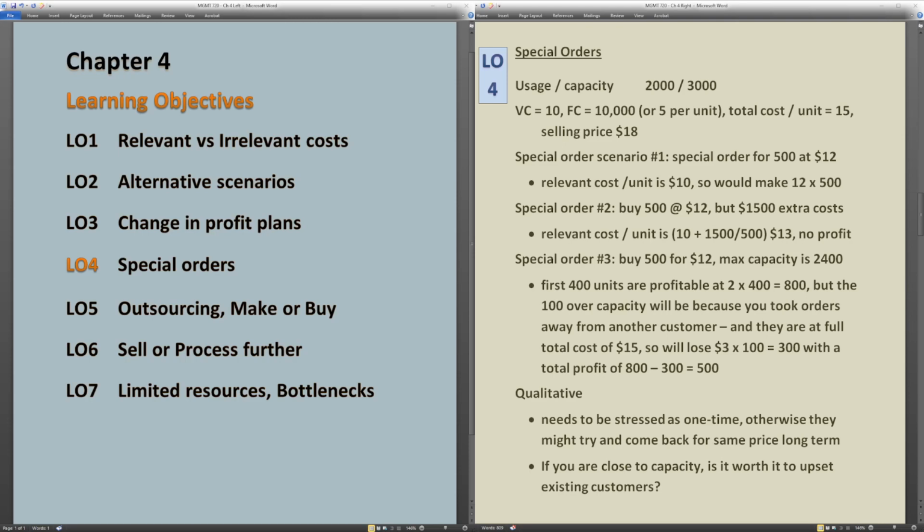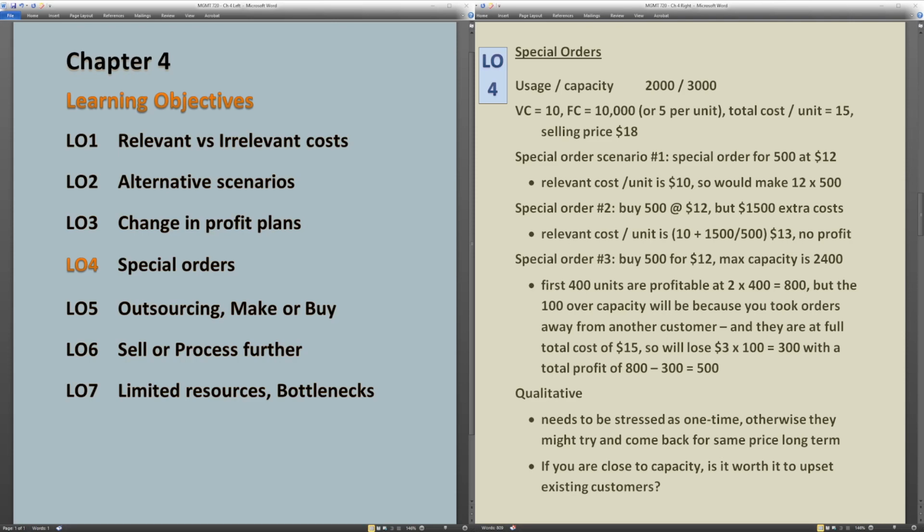I've just chosen to figure out the per unit cost. If I divide that $1,500 of extra cost over the 500 extra units, that's an extra $3 per unit. So we would have the $10 of variable cost plus an extra $3 per unit to cover the extra cost. Therefore, the relevant cost per unit is $13. They want to pay us 12, no profit, so therefore no go.